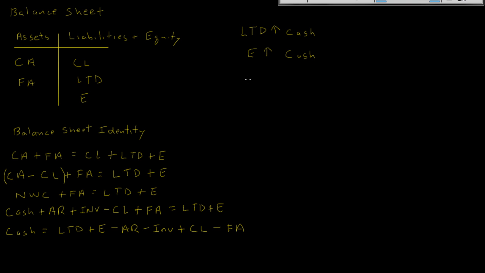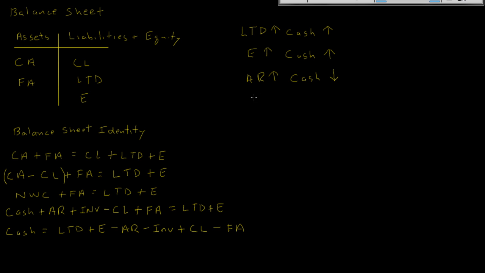On the other hand, if accounts receivable go up, in fact, let me put an arrow up here. So when long-term debt goes up, cash goes up. When the amount of equity increases, the amount of cash goes up. When accounts receivable go up, the amount of cash goes down, right?